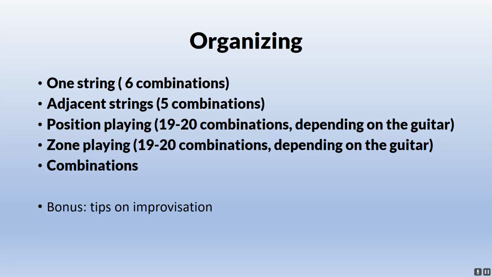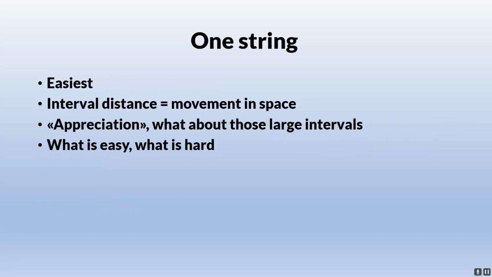And then there's everything in between, like combinations of the 4. And I'm going to talk about that by the end. And if you hang around, I'm gonna talk about some tips on improvisation, some experiences I made, some guidelines, how to and how to not, and yeah, stick around.